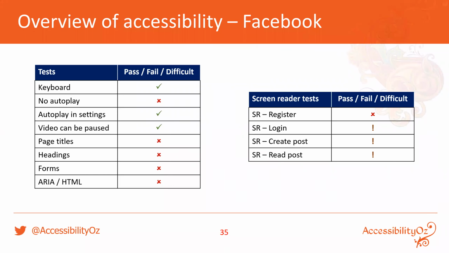So we saw these before, but basically it passed keyboard, autoplay and settings, and video can be paused, and failed no autoplay, page titles, headings, forms, ARIA HTML, the screen reader register function, and screen reader login, create post and read post were very difficult.